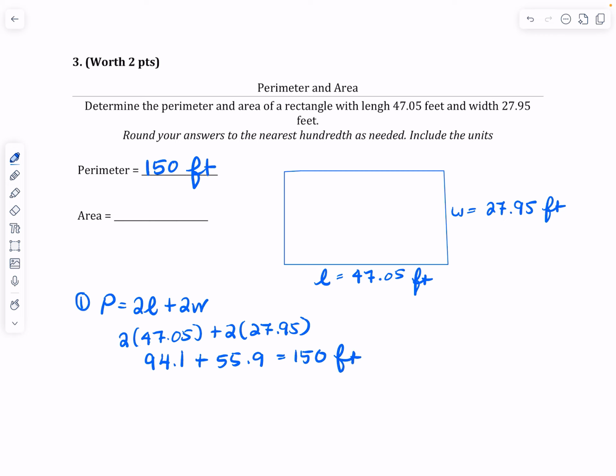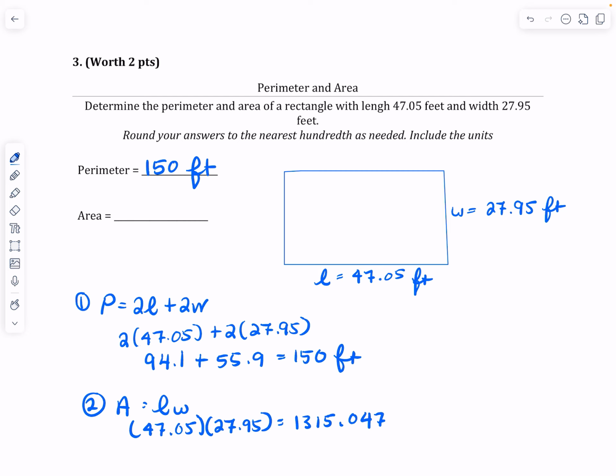Okay, to find the area of a rectangle is length times width. So I'm going to take 47.05 and multiply it by 27.95. And when I do that, I get 1315.047.